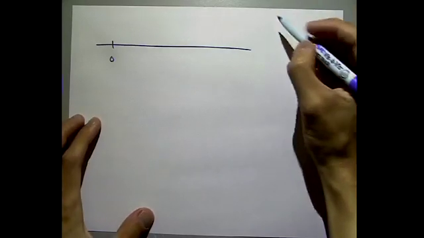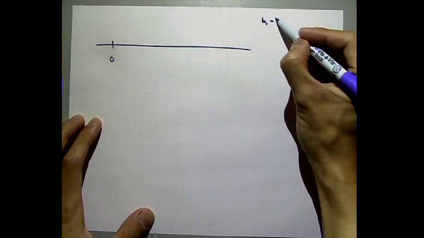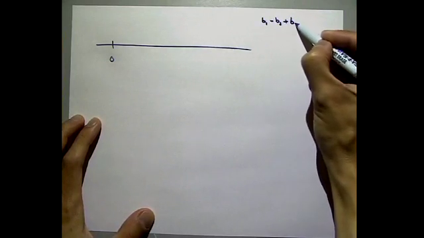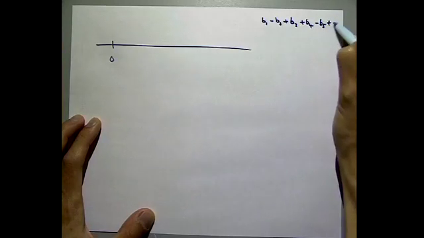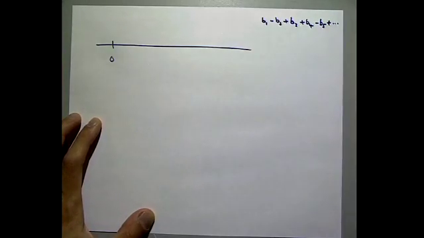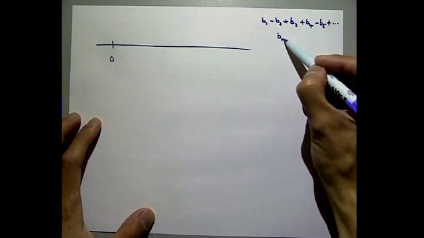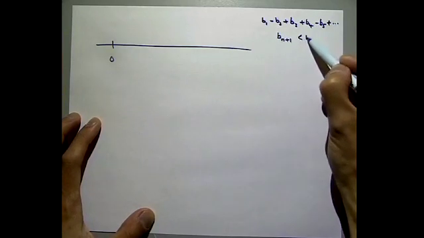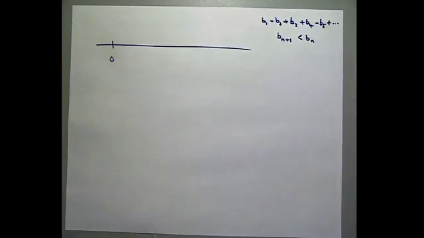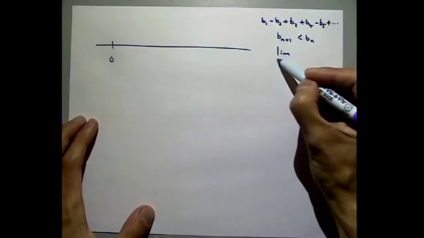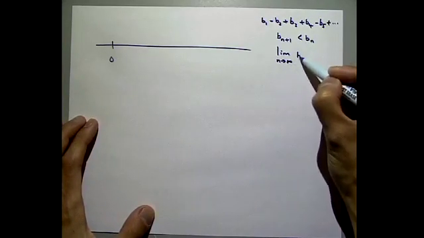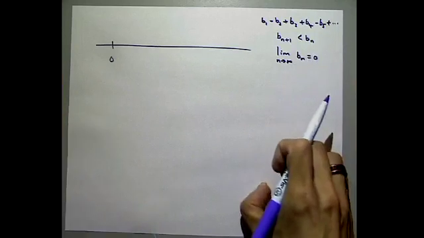Remember, here's what we're doing: b1 minus b2 plus b3 minus b4 plus b5, and so on. And let's also assume that all the terms are decreasing and eventually going to 0.